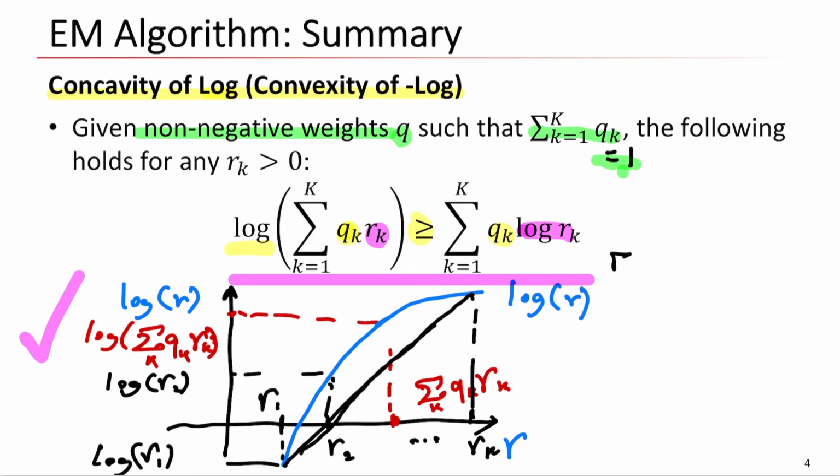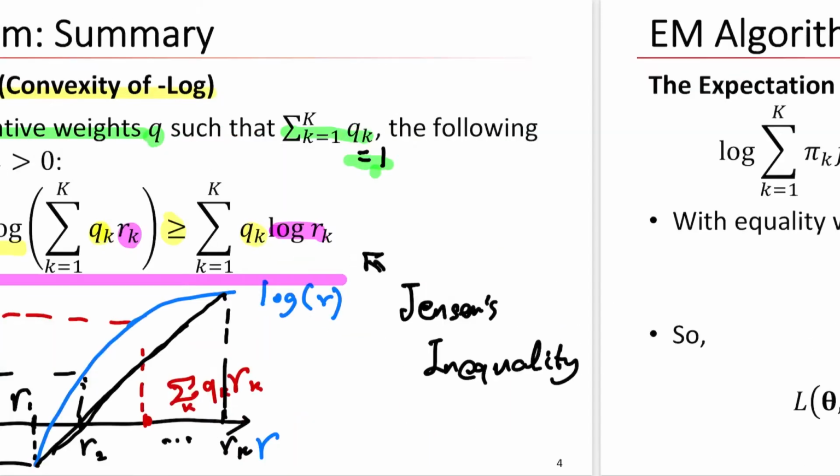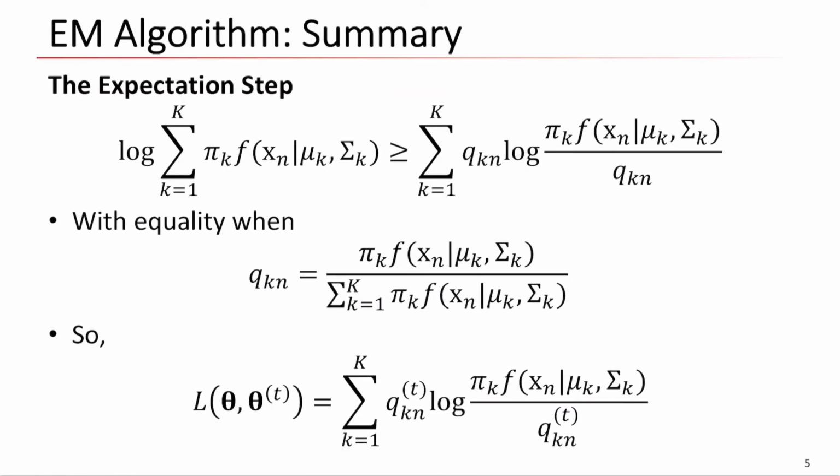Actually this one is called Jensen's inequality, which is very popular in the machine learning field. If you are interested, please find out what it is. But today we will just skip the proof of this inequality. This is just Jensen's inequality of the log function. Okay, so we will use this property.